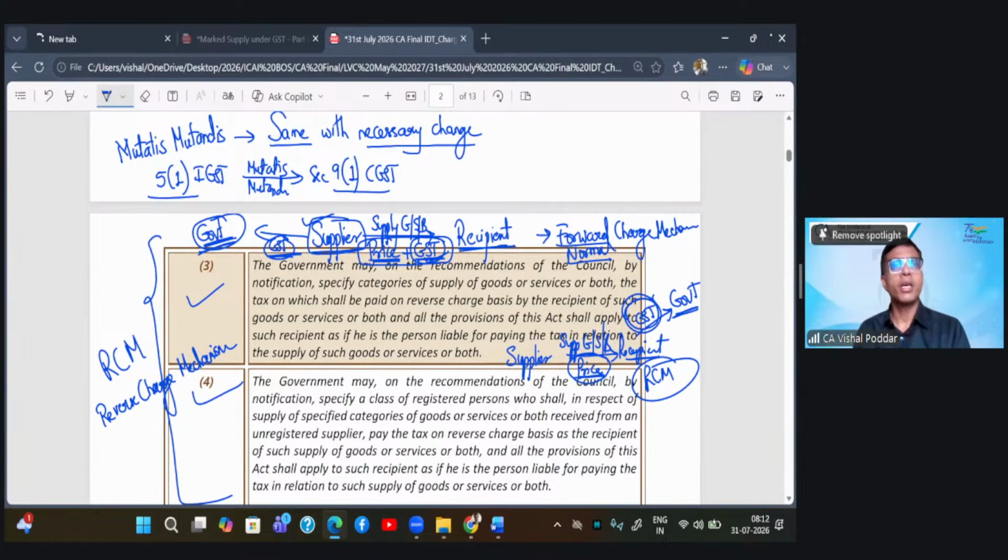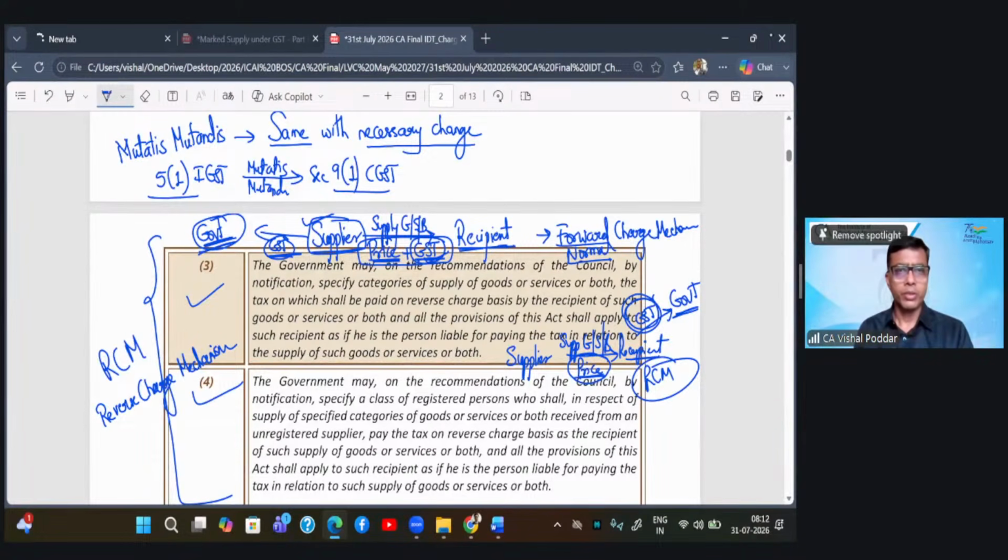So because of convenience, in 90% or more transactions, the government has made the supplier the person liable to pay the tax. And that is why we call this the normal charge or the forward charge, because this is happening in 90% or more of the transactions.